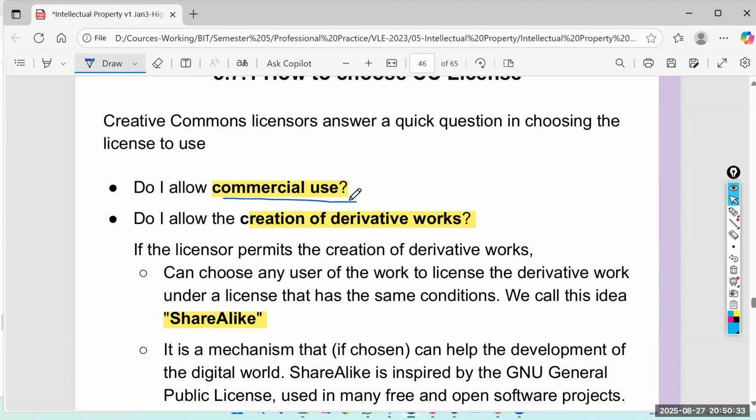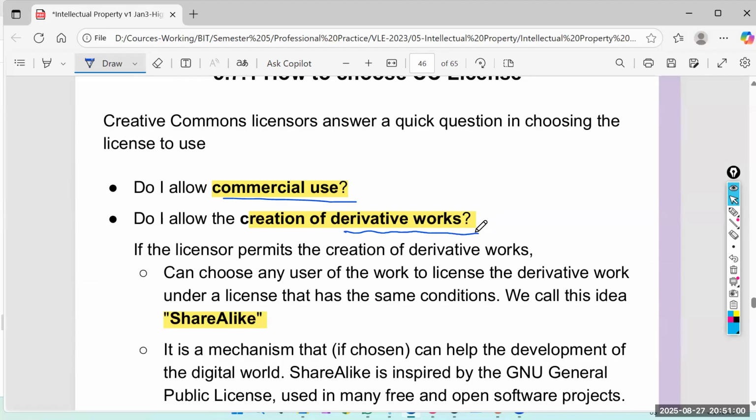So the second aspect is, can you modify my content, or you must use it as it is. So, derivative works. And when you change it, whether you share it with the same license as my license, or you share it with a different license.